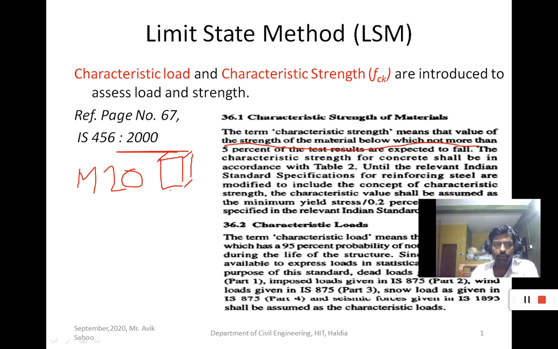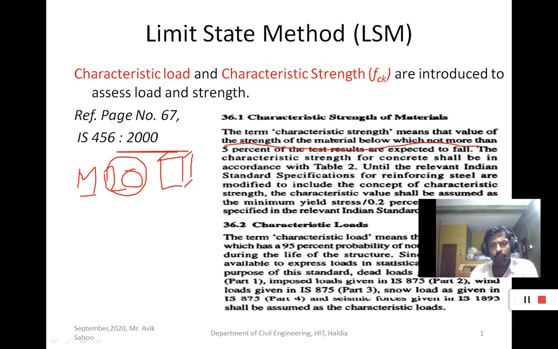This cube is stored in water, and after 28 days the cube is removed from the water and tested on a compressive testing machine. Here 20 is the characteristic strength, and M is the mix design code. If I follow the mix design code, then we can achieve the strength 20.